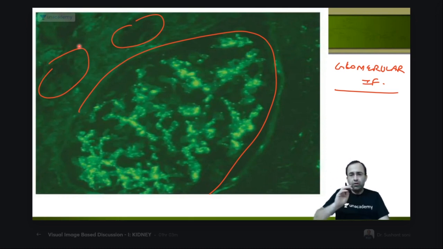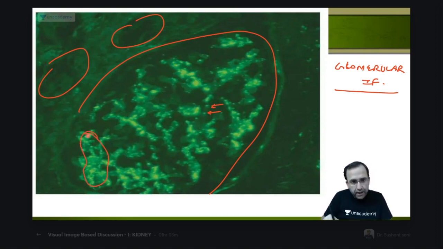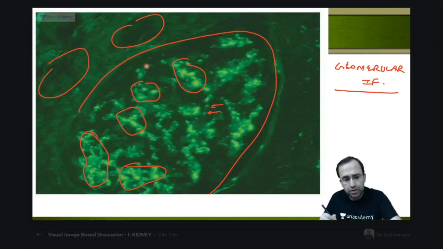What you see here is that sometimes the deposits are singly scattered, but at the majority of places they aggregate together to form lumpy, bumpy deposits. This is not my language, this is what Robbins says.